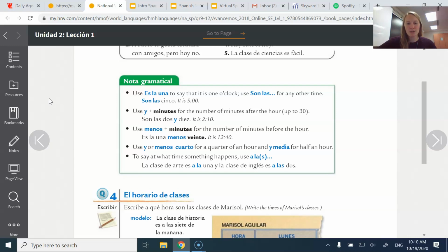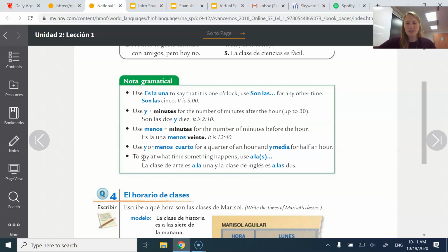Es la 1:20. That's to say it's 12:40, right? So notice here we're saying up to 30, you can say y something. If it's after that 30, you're going to say menos. Use y or menos cuarto for a quarter of the hour and y media for the half hour.